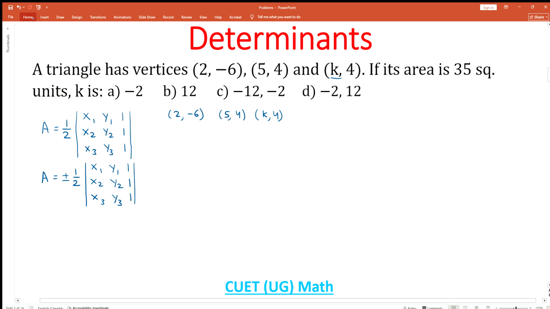Let's assume vertex (2, -6) is x1, y1, (5, 4) is x2, y2, and (k, 4) is x3, y3. We can use any of the three given vertices as x1, y1, x2, y2 and x3, y3. We can use these values to evaluate the determinant of the matrix. We can sub in the values.